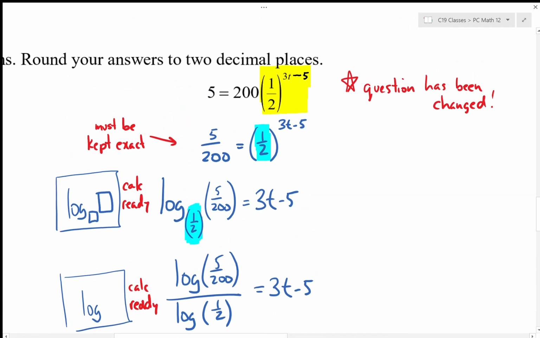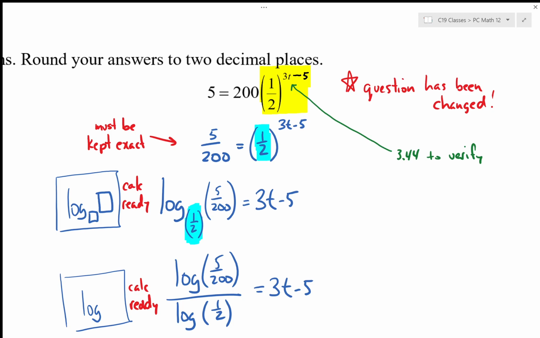Now you can try that again if you really want to see if it works or not. To verify, you can go back up here and put 3.44 here and see what happens. If you do, you should end up with 5. So I'm going to try that real quick to make sure that it worked. Make sure that you put the exponent in brackets, by the way.